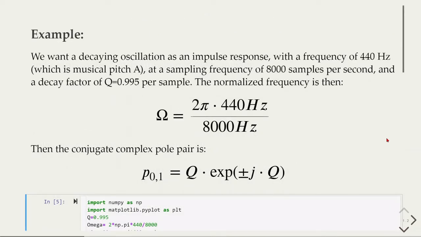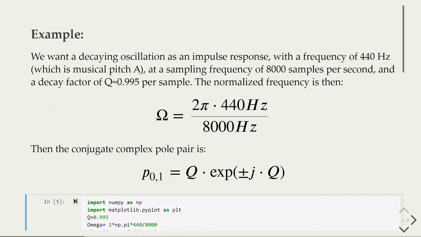So let's look at an example to make it a bit more practical and to understand the theory better. What we want is a decaying oscillation as an impulse response with a frequency of 440 Hz, which is the musical pitch A, at a sampling frequency of 8,000 samples per second and a decay factor of Q equals 0.995.